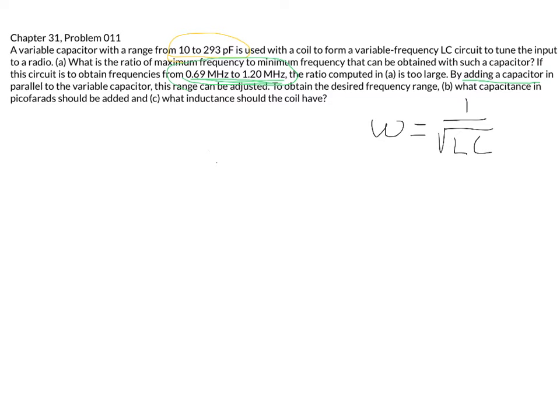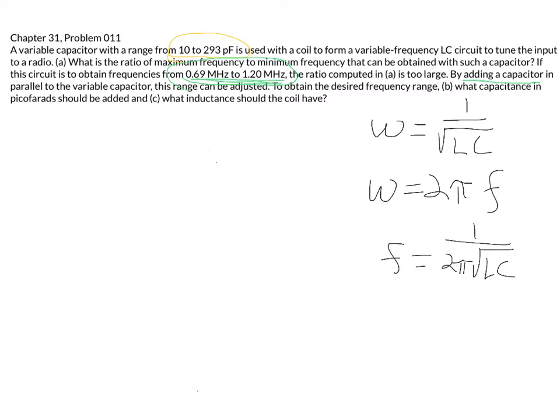And from everything we've done in class, dating back to the very first chapter, we know that omega is equal to 2 pi multiplied by f, the frequency. So the frequency is going to be equal to 1 over 2 pi times the square root of LC.